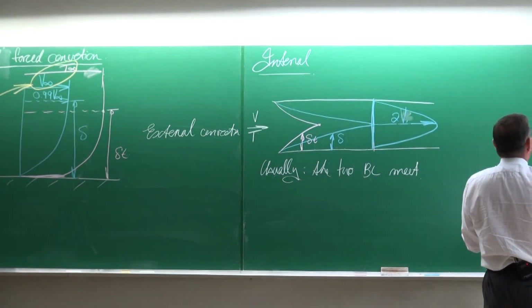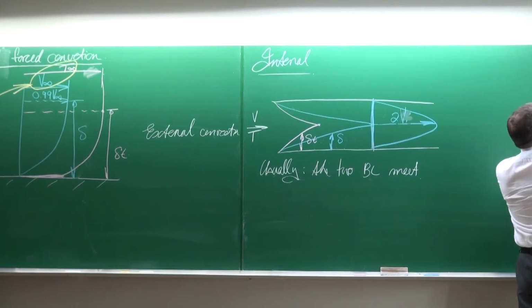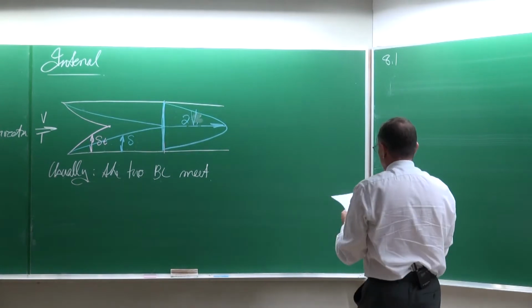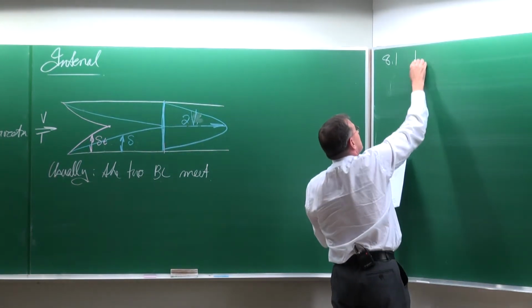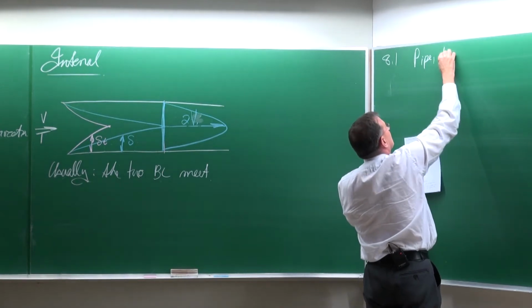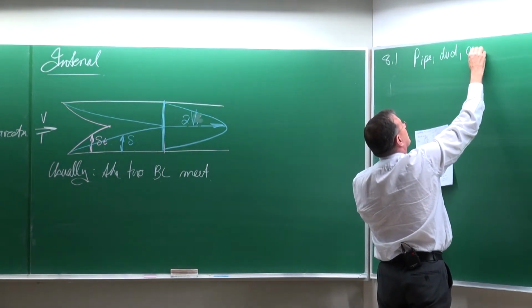In terms of examples of geometries in which we normally have internal forced convection, we can start with the simplest one, which are for a pipe, a duct, or a conduit.